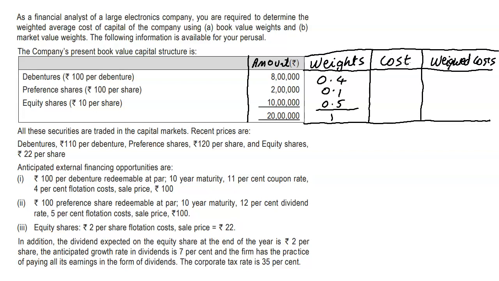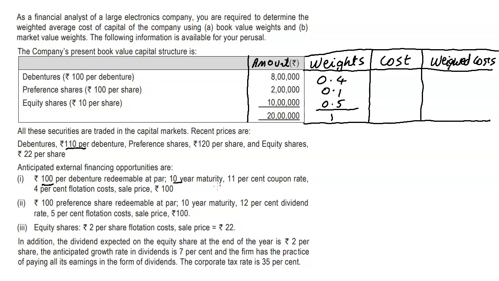I now need to calculate cost, and I have debentures. Looking at the question, they have told us that there is a market price for the debenture. Under normal circumstances, I would have considered this to be the issue price. But read further. They're telling us that 100 per debenture redeemable at par. So redemption value is 100.